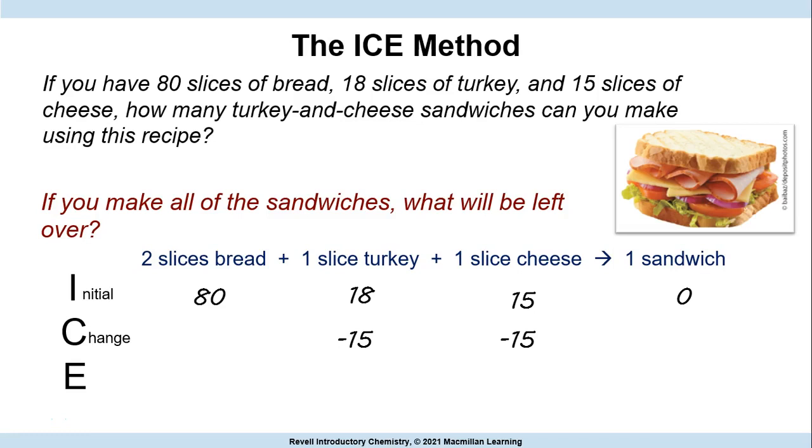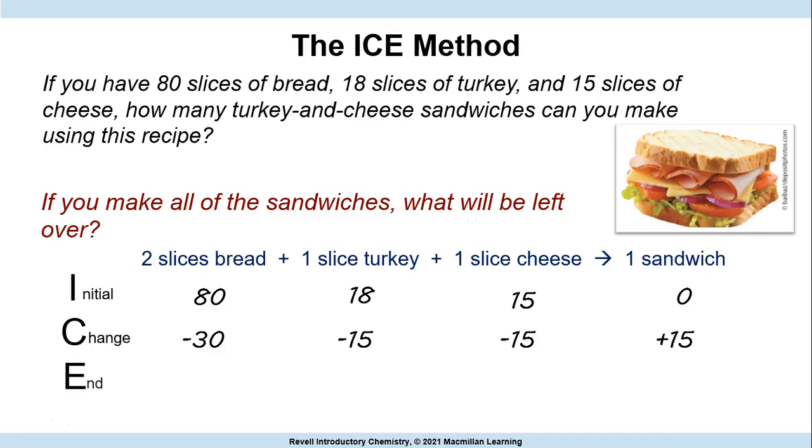Reactants are always consumed, so for the change, reactants are always going to be negative. For the slices of bread, we used 30 slices of bread. So at the change, we used 30 slices of bread, 15 slices of turkey, and 15 slices of cheese. When we used all of this, how many sandwiches did we form? We formed 15. Because it is a formation, it is going to be positive. So we formed plus 15 sandwiches.